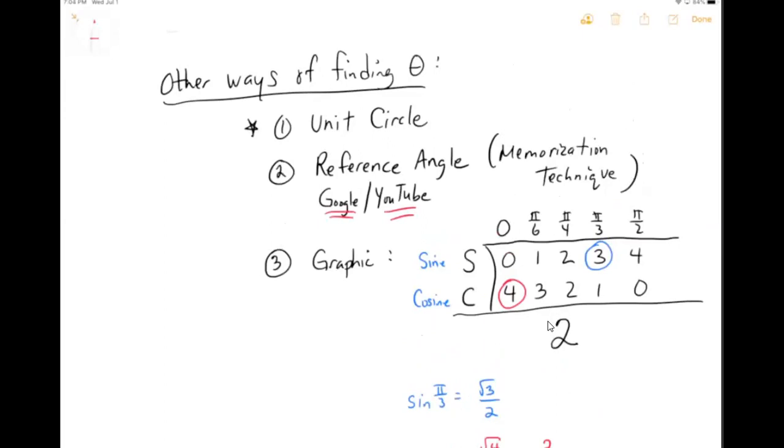So you're probably going to get a teacher that's been there for a lot longer, and of course, I don't judge, but they're older and they're tougher. So they're probably going to expect you to have some of this memorized. So if I were you, I would take some time to research the memorization techniques of these trig values.